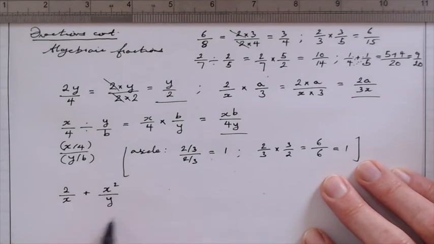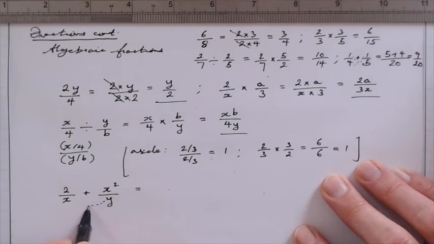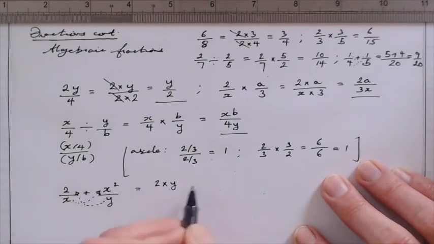And we would like to turn this into one fraction, and so we can go about it using cross multiplication. That's probably the fastest way. So we're going to take the denominator of this fraction upstairs and multiply it. So we have 2 times y. And then we're going to take this denominator upstairs here and multiply it.